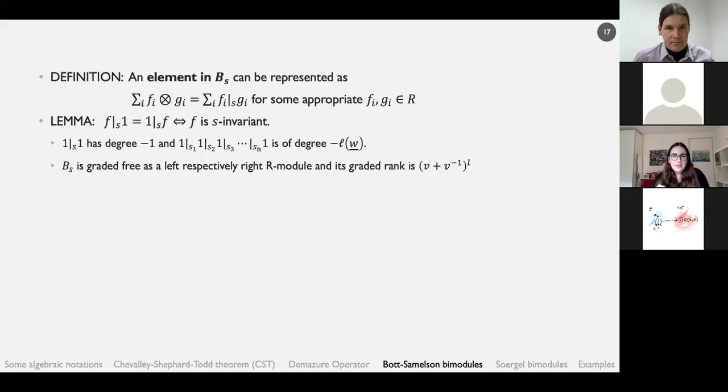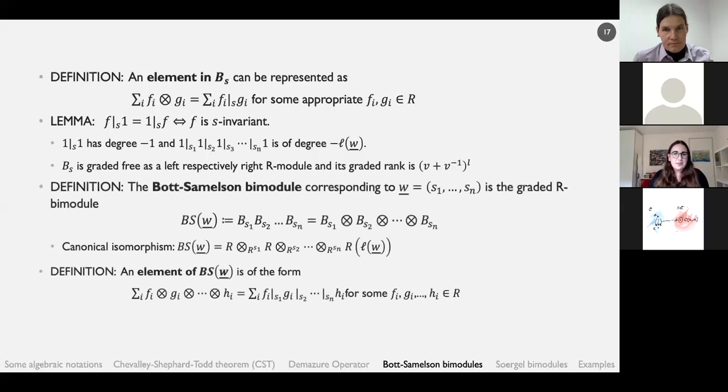Hence, there is a connection to what we have learned about the Hecke algebra last week. And remember that by convention, 1 tensor 1 has degree -1. So equivalently, 1 tensor 1 and so on, n times, has degree minus the length of w, where w was our expression.